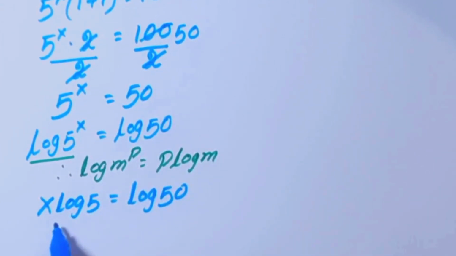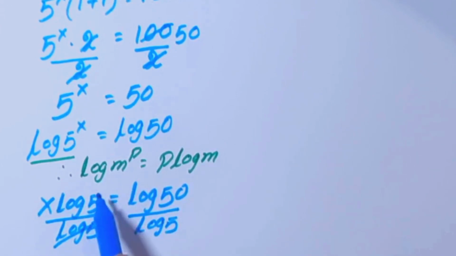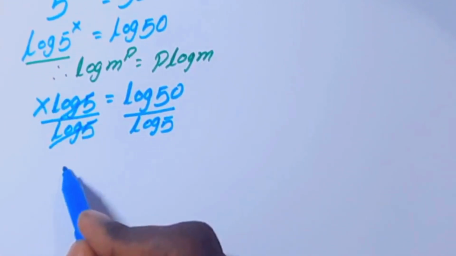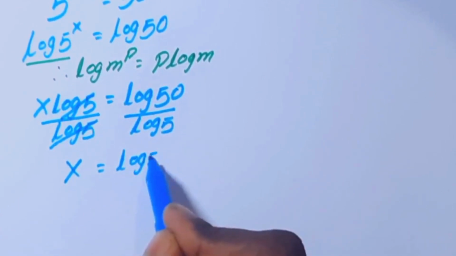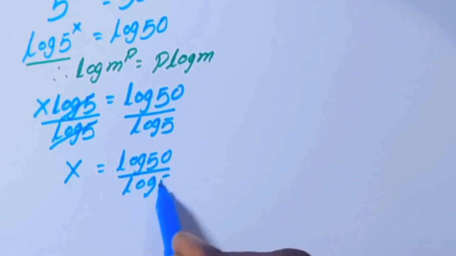Now divide by log 5 on both sides. Log 5 here, log 5. So this log 5 cancels this. So we'll have x equal to log 50 by log 5.